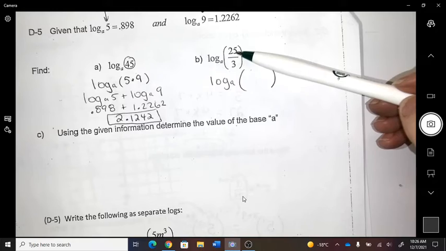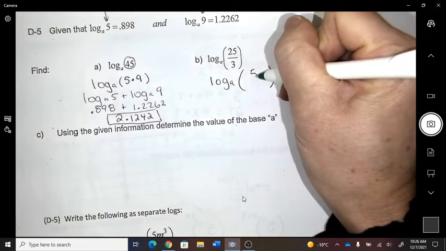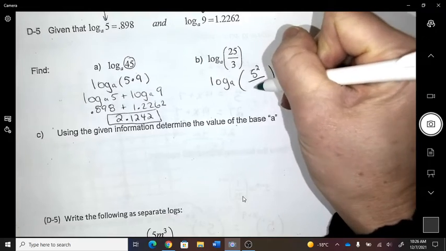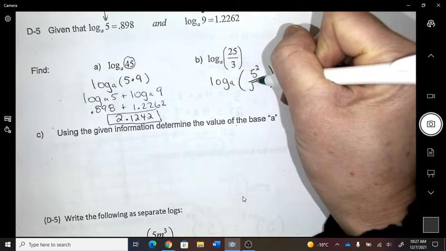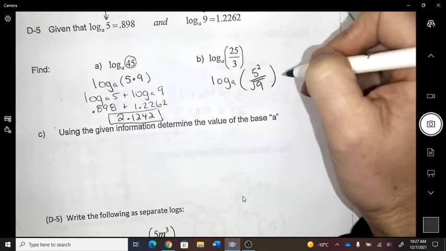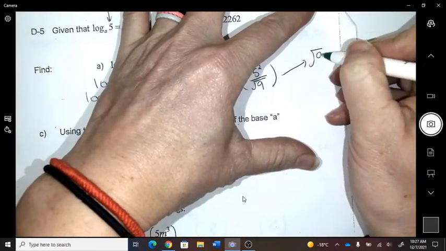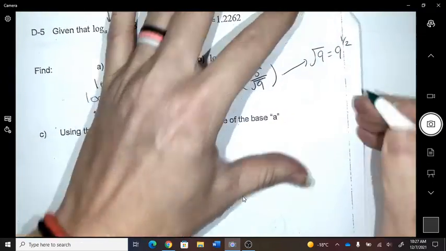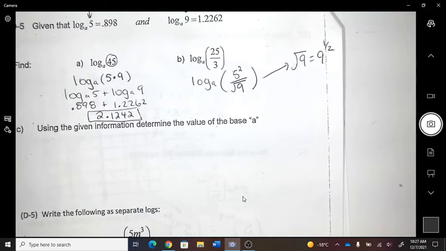So what could we maybe replace 25 with? 5 squared, and did we think about doing a square root of 9 to replace the 3 with? Okay, now do we all know that the square root of 9 is the same as a half exponent, right?